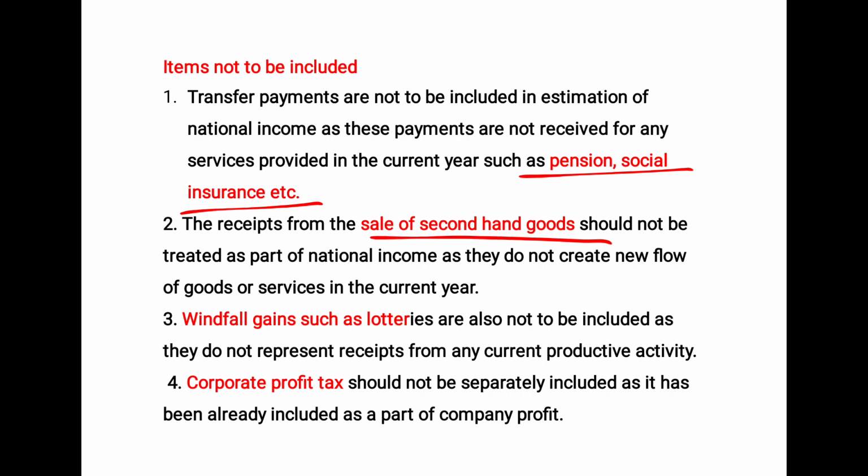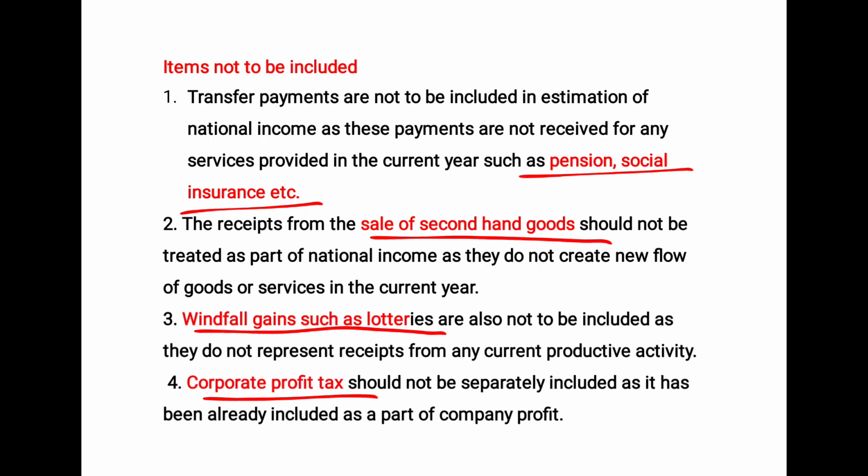Next one is windfall gains from lotteries. This income also should not be included. Next is corporate profit, because it should not be separately included as it has already been included as part of the company's profit.